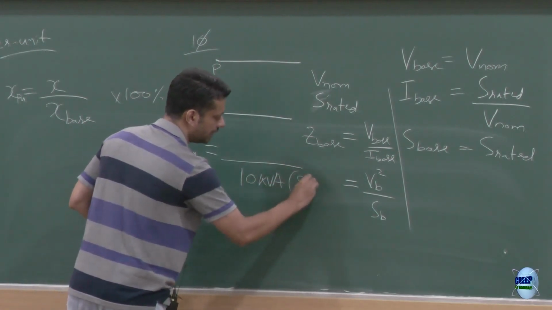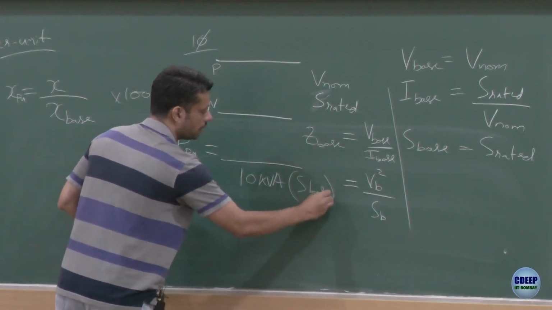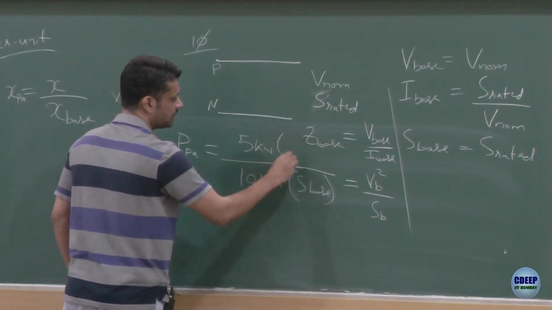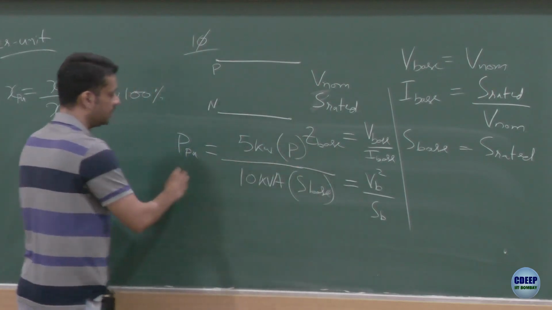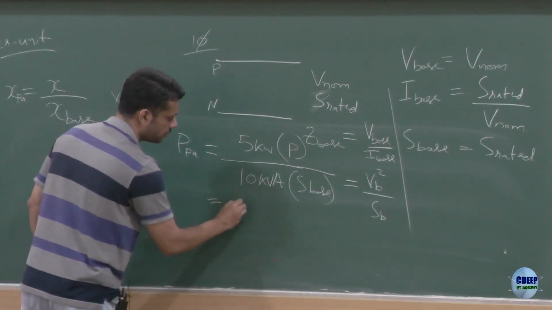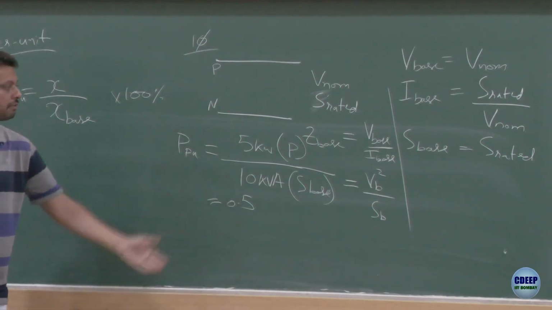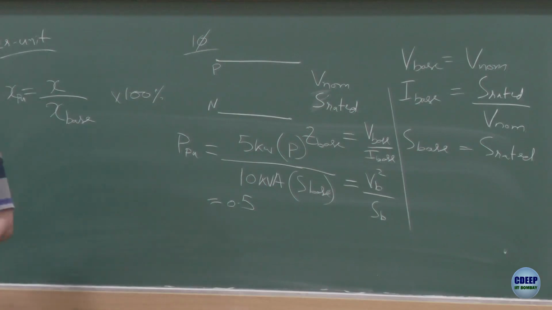It's drawing 5 kilowatt, which is the actual power P, so P in per unit is 0.5, and P per unit is unitless as you can see. Instead of calling it 5 kilowatt, I can say that the power consumed by the load is 0.5 per unit.